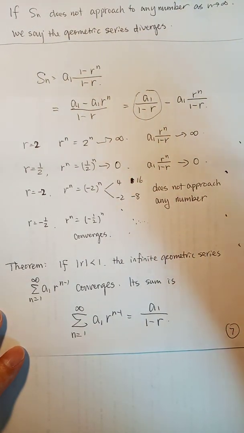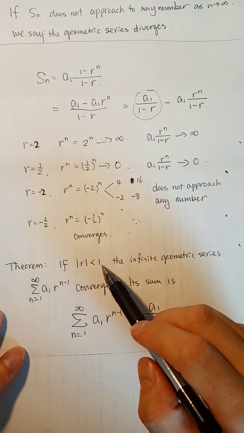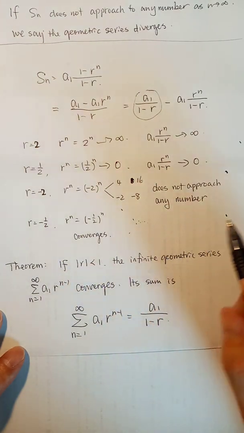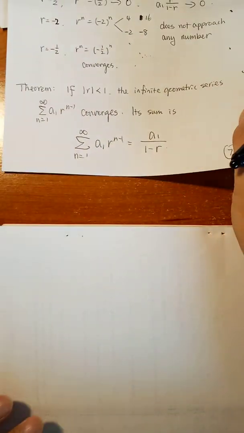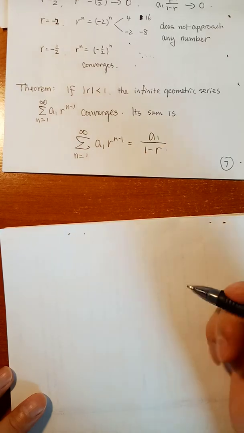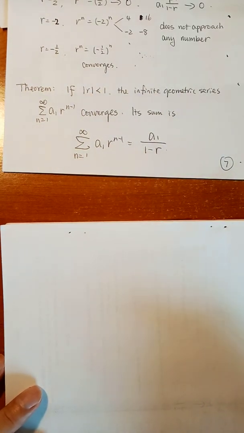So for the infinite geometric series, the series converges only when the absolute value of the common ratio is less than 1. In that case, we can find its sum.